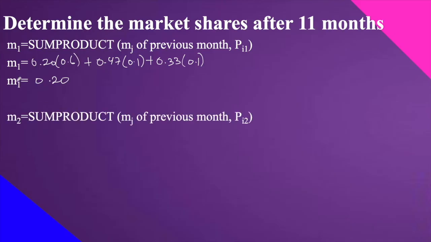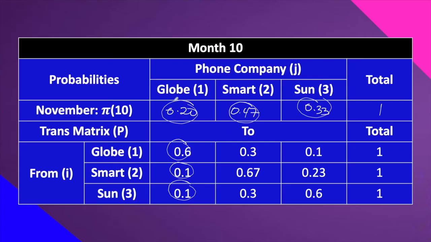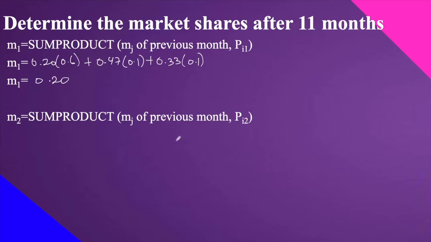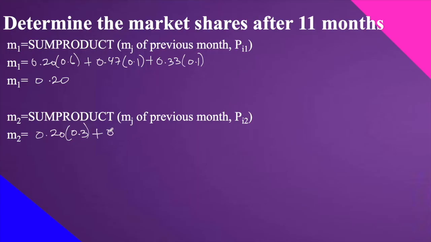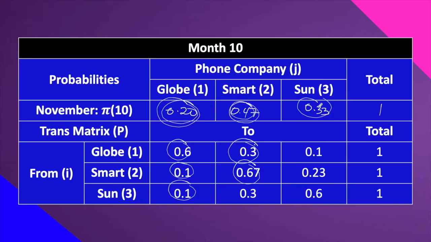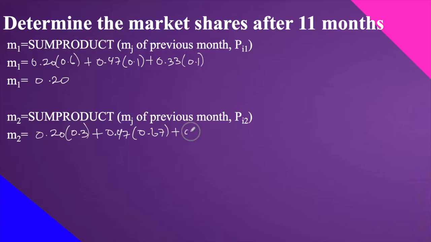So, M sub 2 naman, sum product of M sub J of previous month and the P sub I2. Ito po yun. So, let's have here 0.20 and 0.3 plus, next natin, 0.47 times 0.67 plus 0.33 times 0.3, and this is equivalent to 0.47 or 47% market share of Smart after 11 months.